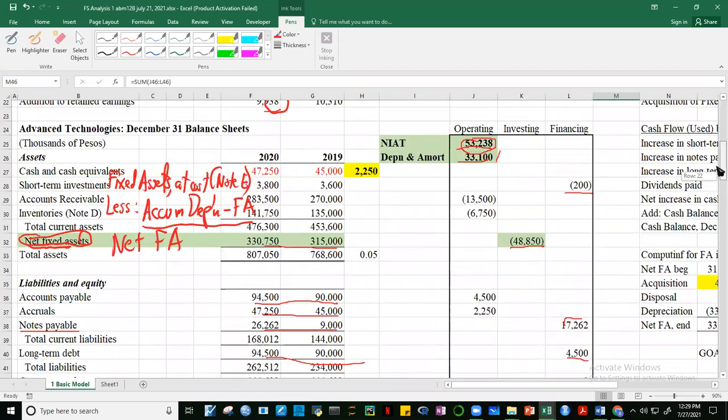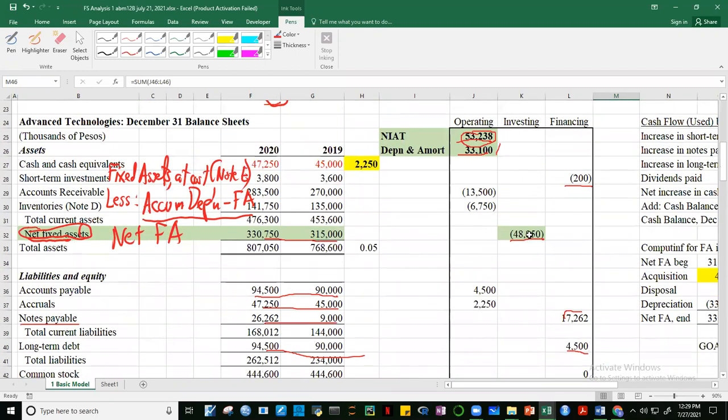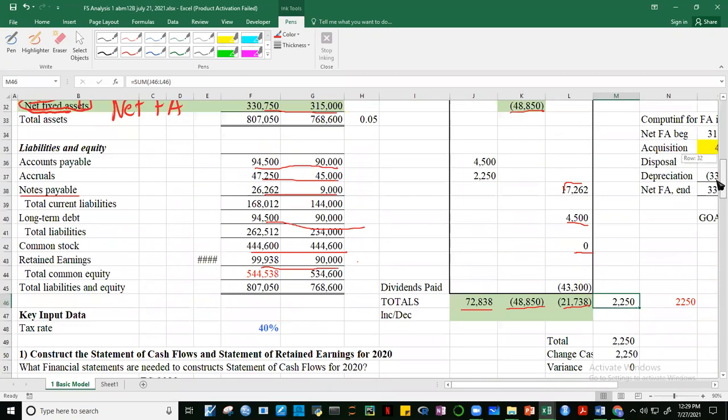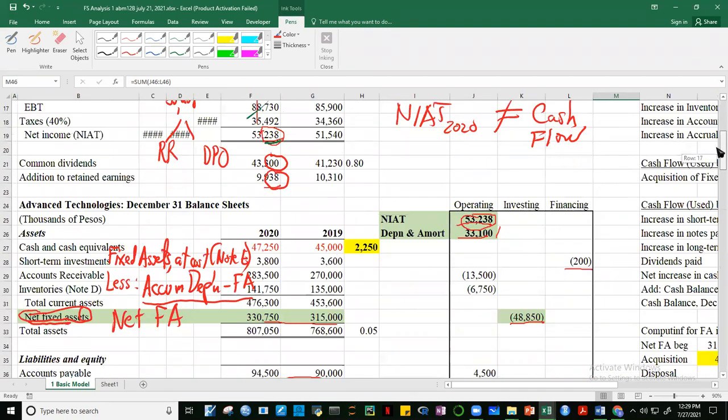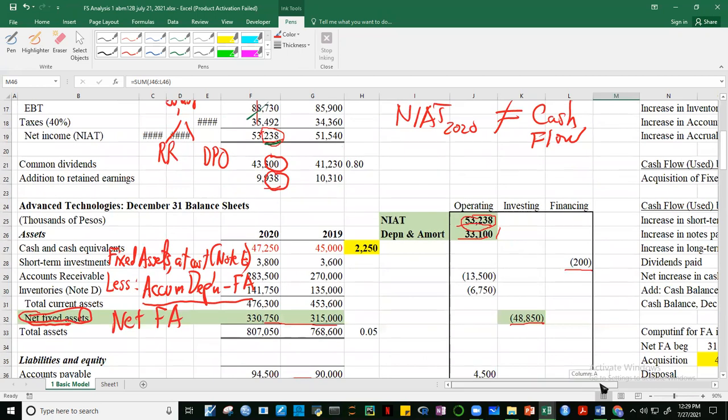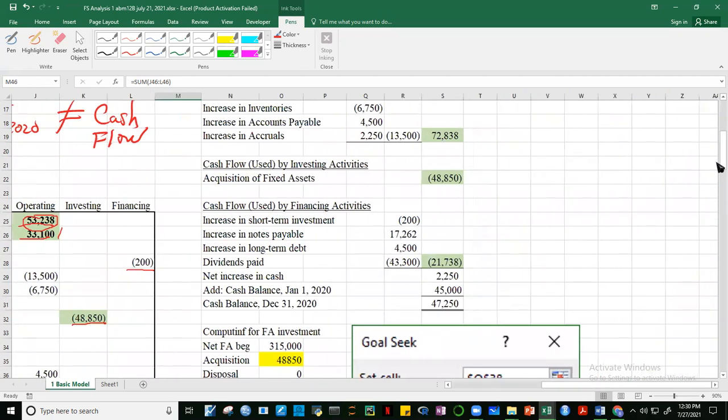Ang mga common mistakes guys, yung sa net fixed assets, okay? Pag dun kinuha sa net fixed assets, magkakaproblema tayo dun. Dapat kukunin nyo dun sa at cost, no? At the original cost. And then once you have this guys, diretso na dito. Okay?